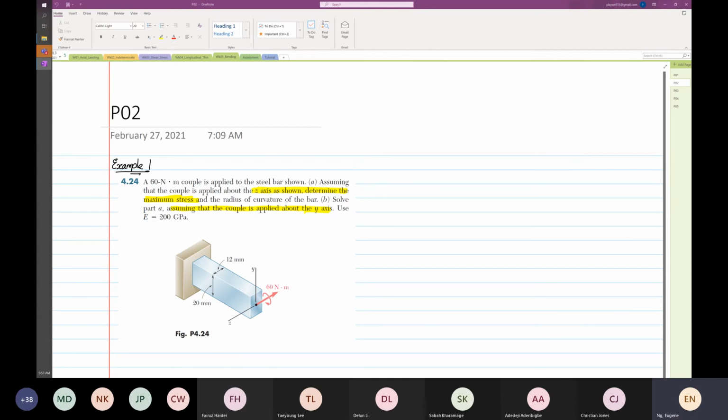Then for part B, they say that this arrow has been switched, and then we use the right hand rule. We grab the arrow and it will be in this direction. So the first one is the moment in the z-axis. Part B, the moment is about the y-axis.